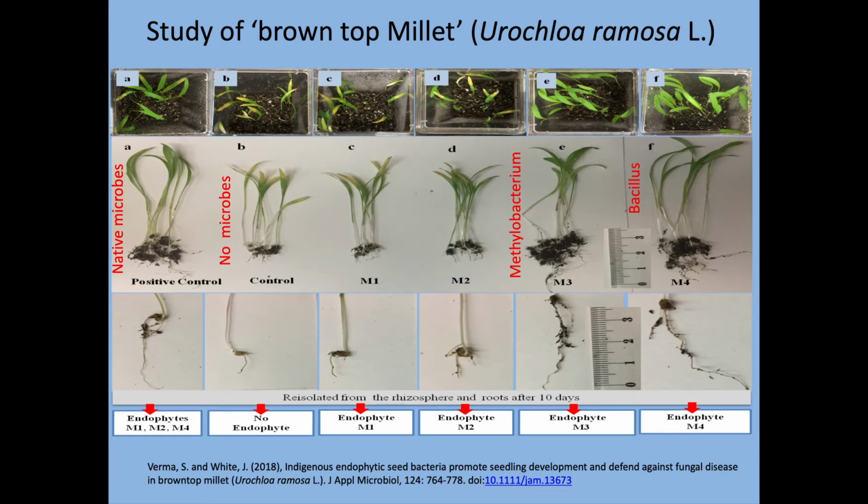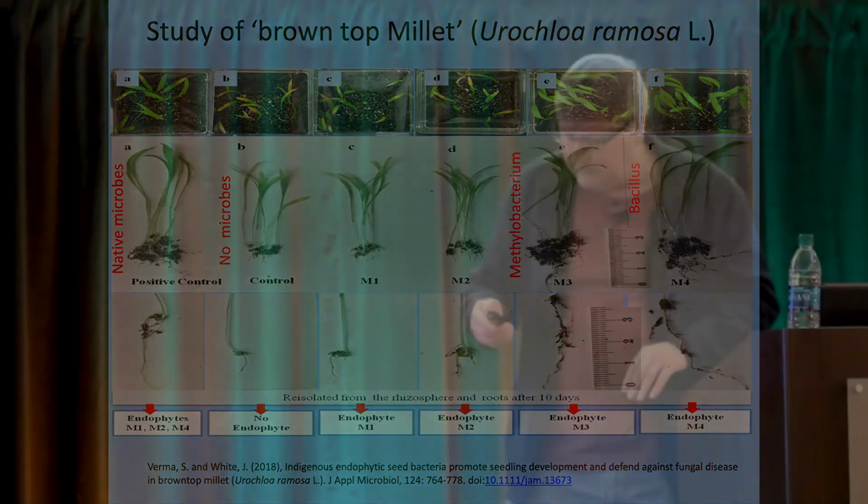Then when we put on one of our endophytic bacteria, we reacquire root development, and they're green again. Here also we have a bacillus, an endophyte that we took off of these plants, and then we put them back onto sterilized plants. And you can see that the bacillus also is reacquiring that growth, the green again, chlorophyll, lots of root development.